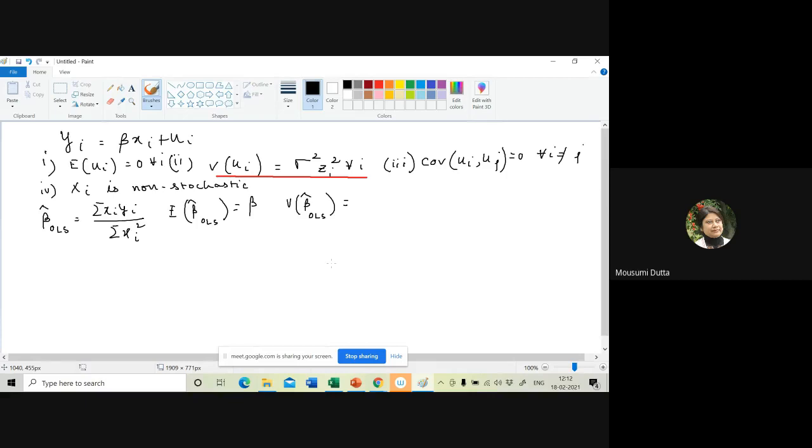The formula is summation xi square sigma i square. That was the formula. And here the variance is sigma square zi square. So you have to do only this much. You need to replace sigma i square by sigma square zi square in the earlier formula.